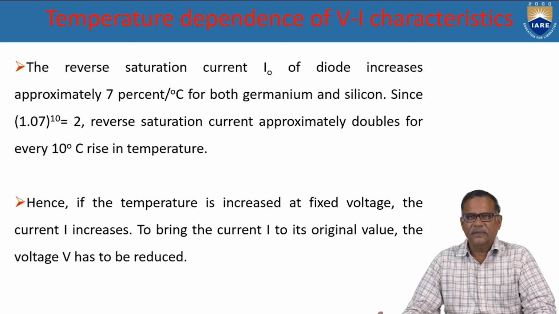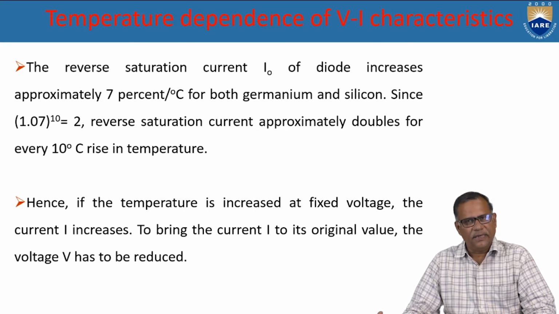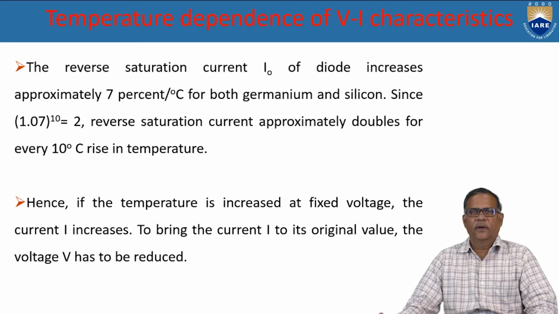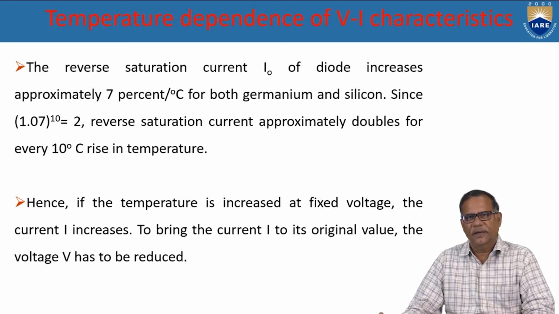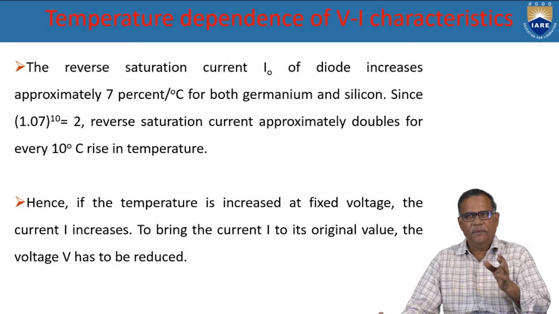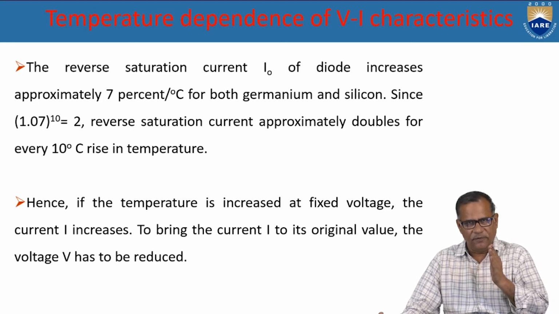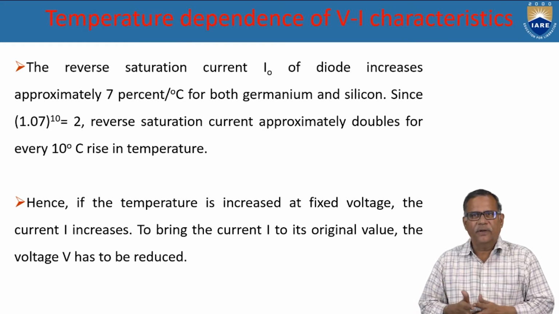If the temperature is increased at a fixed voltage, then the current I also increases. To bring the current to its original value, what is to be done? The voltage across the diode has to be reduced. If we keep the voltage across the diode at a fixed value and increase the temperature, naturally the current increases.